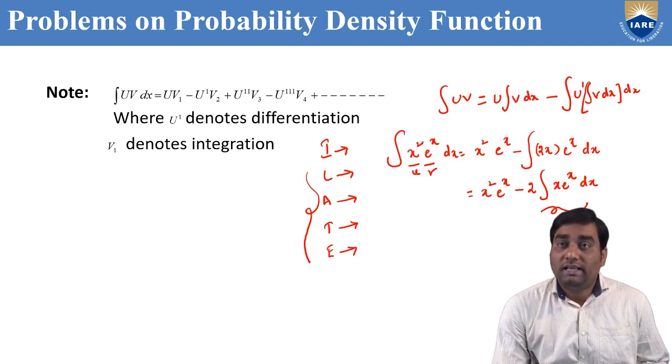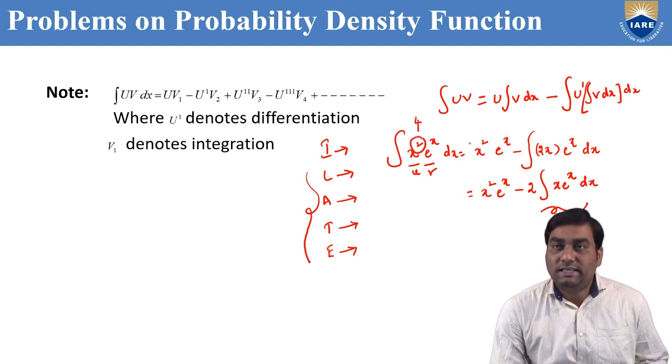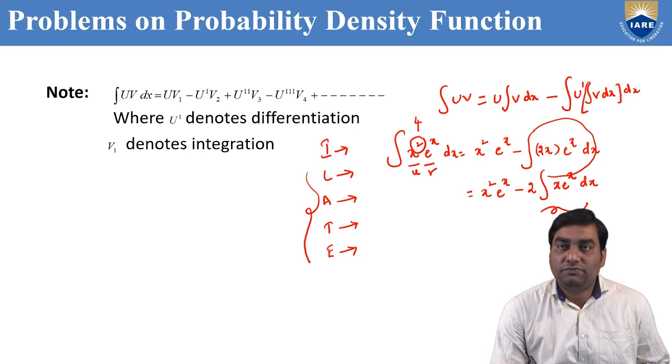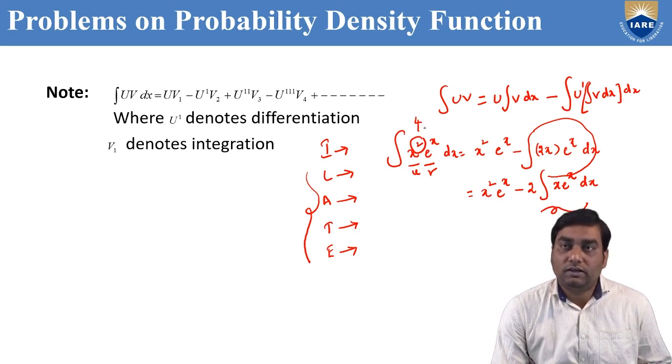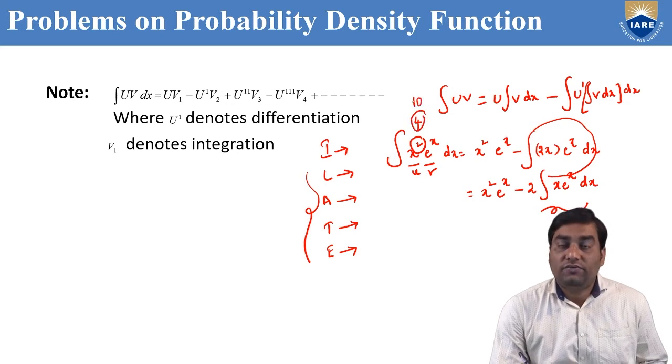But instead of square, if it is x to the power of 4, then for square we do integration 2 times, and for x power 4 we need to do uv 4 times. Instead of 4, if I take 10, we need to do integration 10 times.